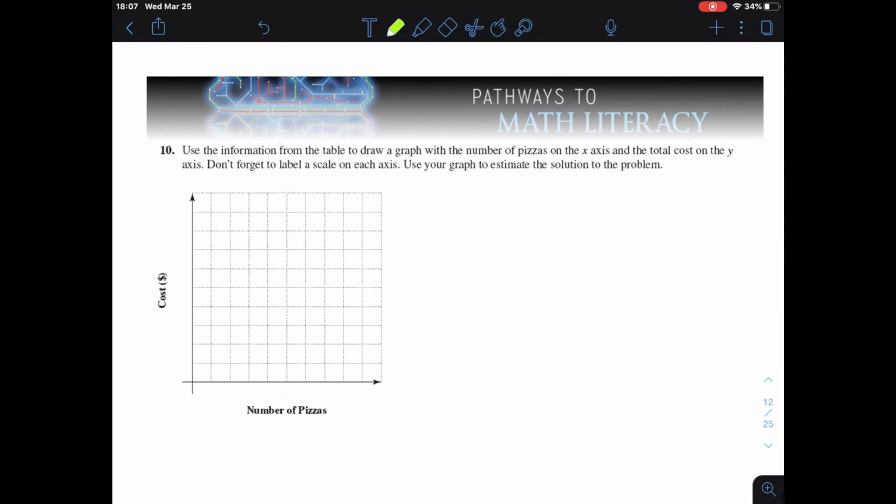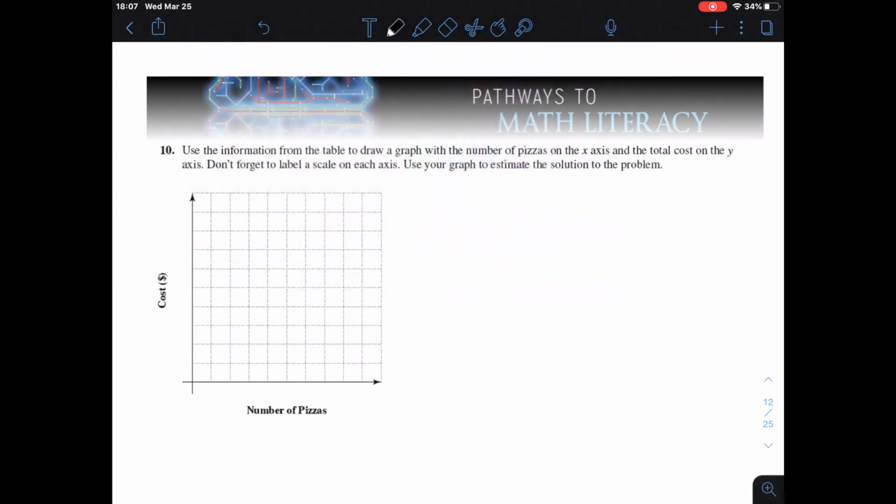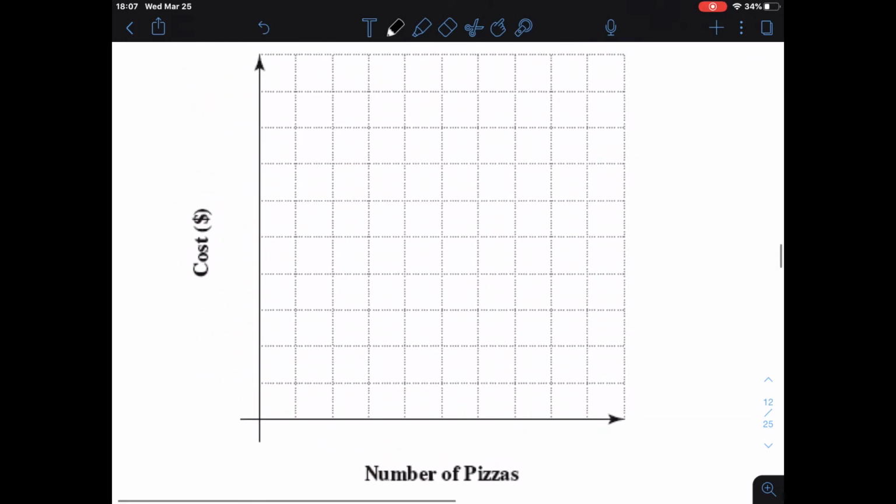So let's use this information and go ahead and draw it on a graph. And then we're going to again use that to see if we can see a better estimate. So I'm going to do the same thing as before. I'm going to make the number of pizzas go up by 2.